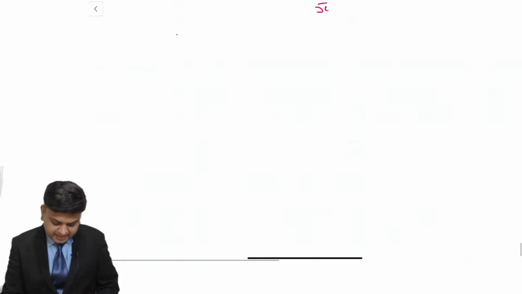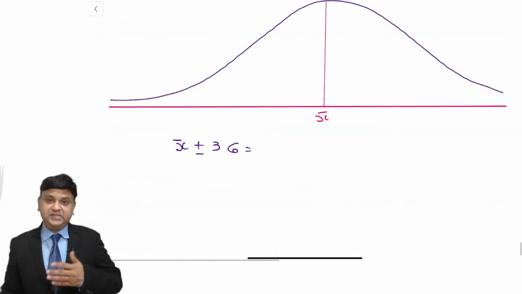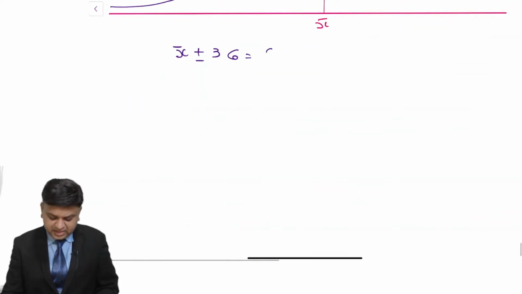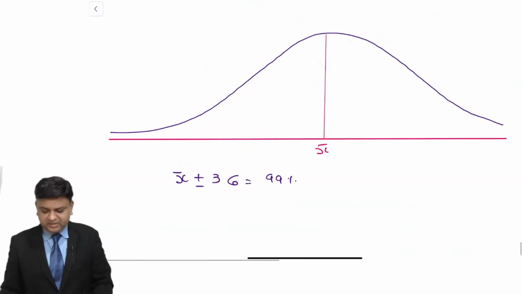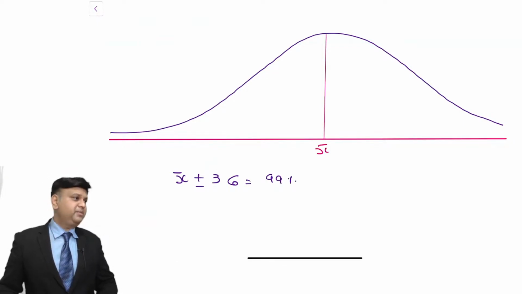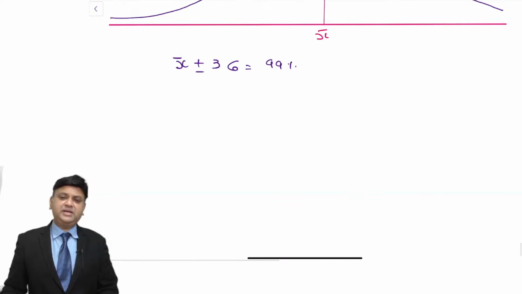So x bar plus or minus 3 standard deviation indicates that the maximum volatility in the price can be equal to this much, and it covers approximately 99%, even more than that. In our VAR, value at risk, we study this point that x bar plus or minus 3 standard deviation covers 99% chances. Accordingly the amount of the initial margin is calculated, and then the maintenance margin is 75% of the initial margin.